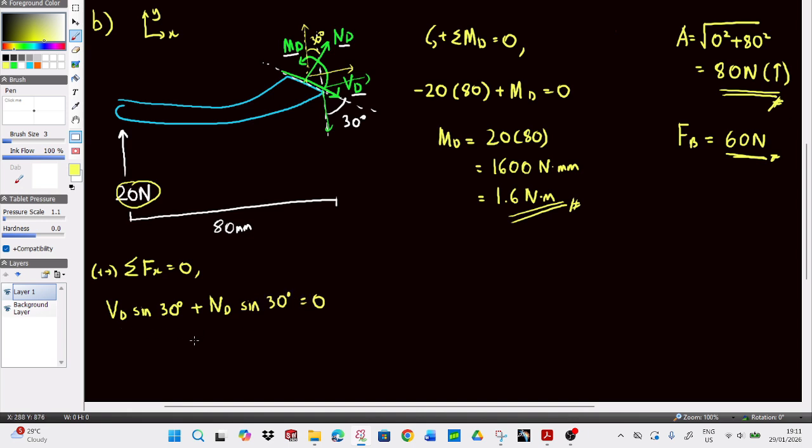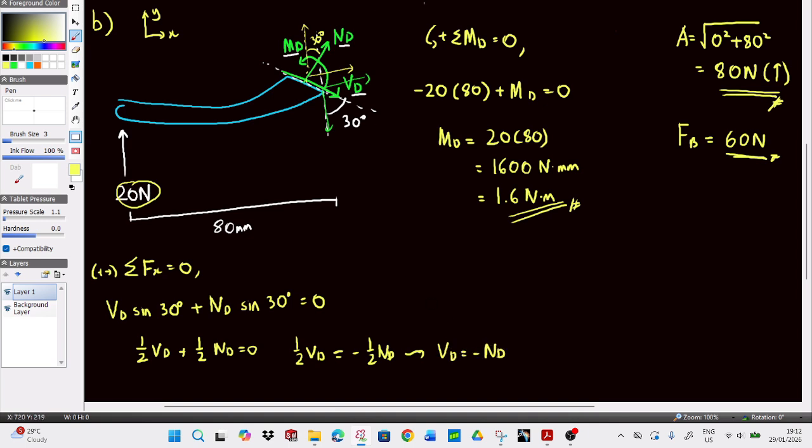We know sine 30 is half, so it simply becomes half VD plus half ND equals 0. So if you bring it to the side, it becomes half VD equals negative half ND, and your final expression would simply be VD equals negative ND.